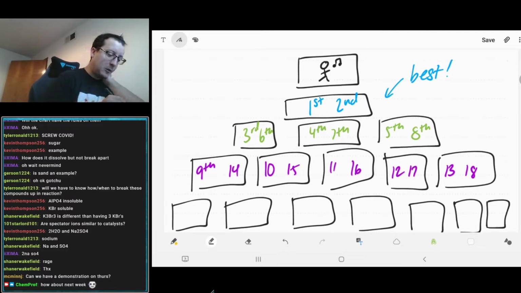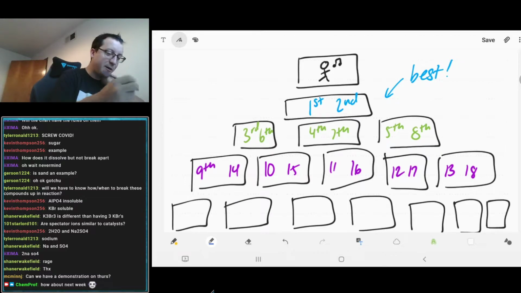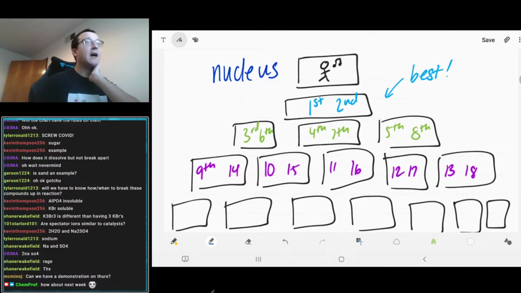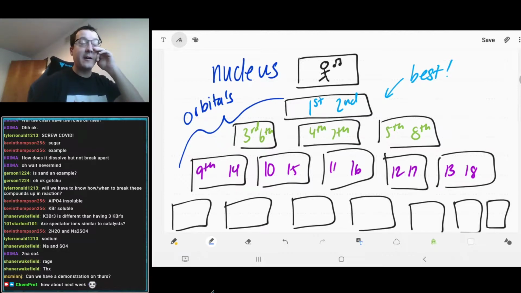And so we're going to see that, let's use dark blue, I don't normally do that, this stage here is going to be just like our nucleus. And these are going to be orbitals that electrons are going to be occupying.